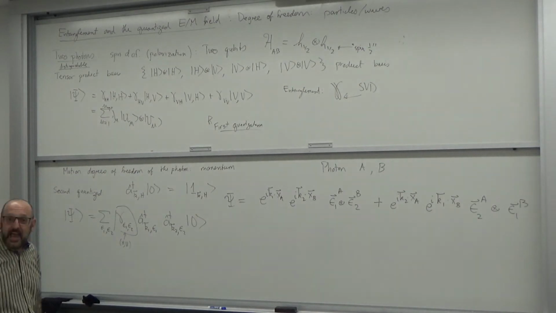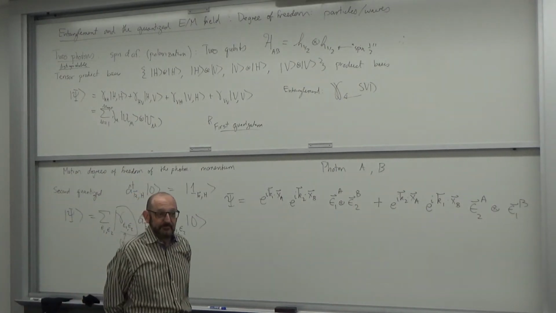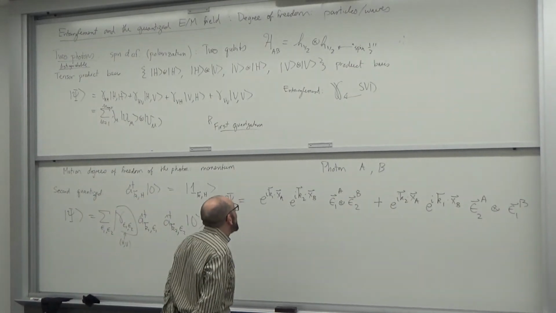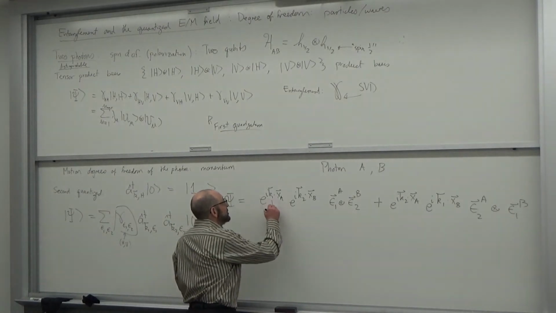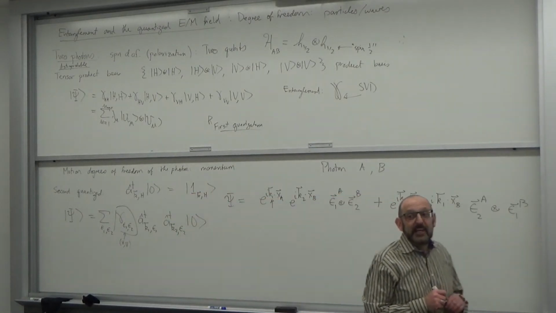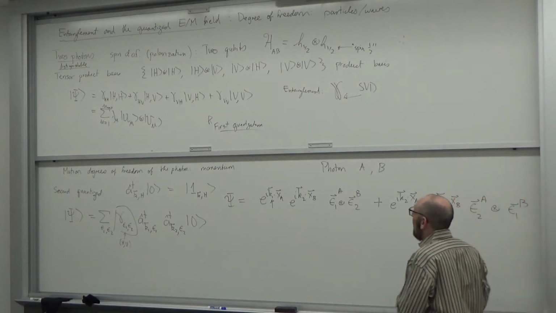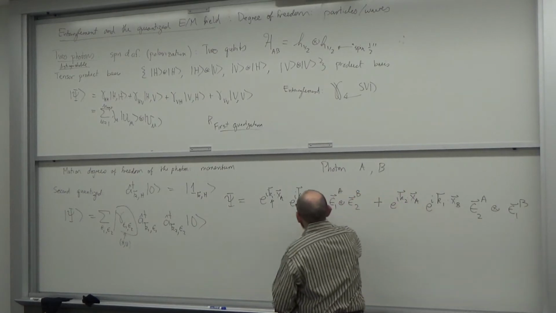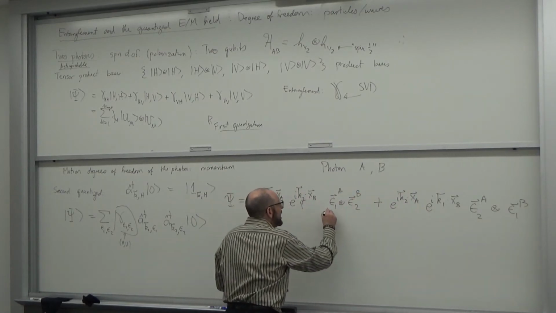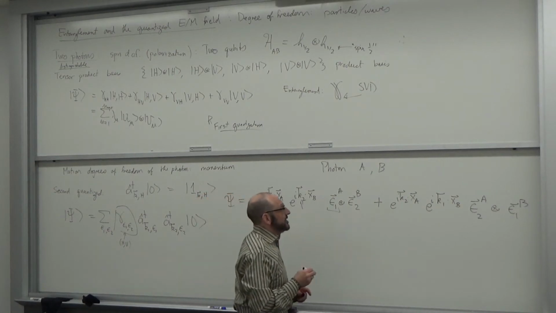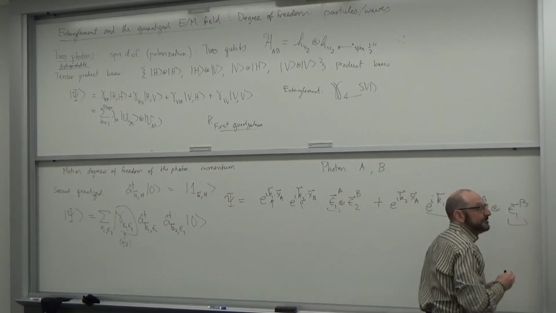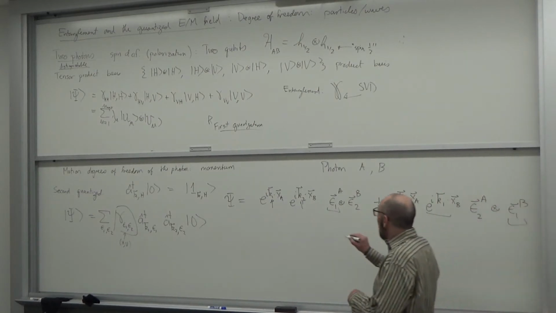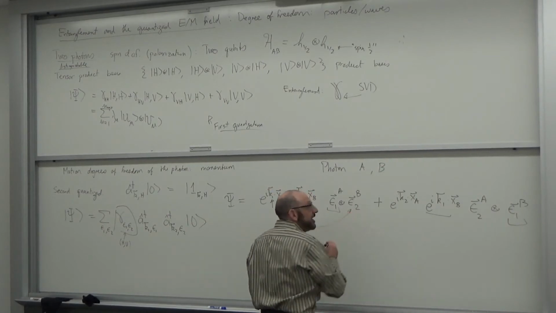If I change A to B, this state is exactly the same. However, there is definitely a photon with momentum K1, and there's definitely a photon with momentum K2. The one with momentum K1 always has polarization epsilon 1, and the one with momentum K2 always has polarization epsilon 2.